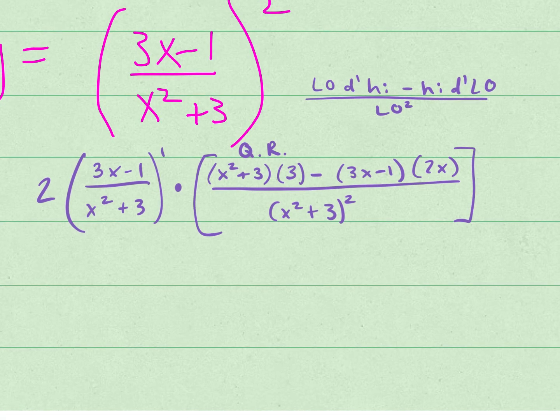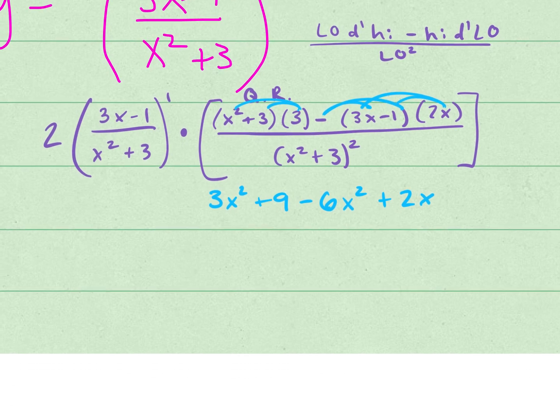Let's do some simplifying. I can distribute the 3, distribute the 2x, and distribute the negative. So I'm going to do a couple steps in one. We've got 3x squared plus 9 minus 6x squared plus 2x. I'm going to combine my like terms.